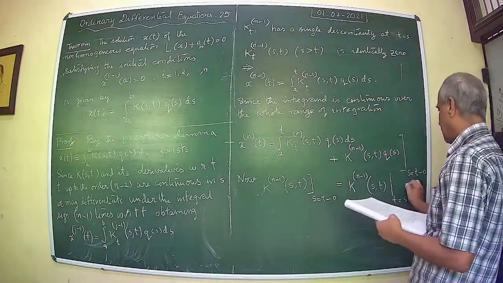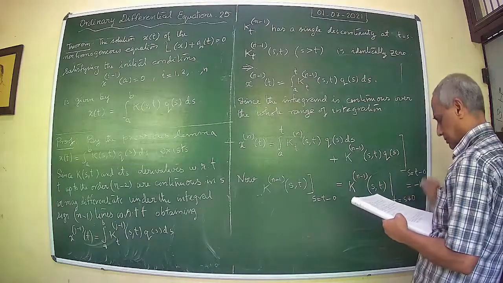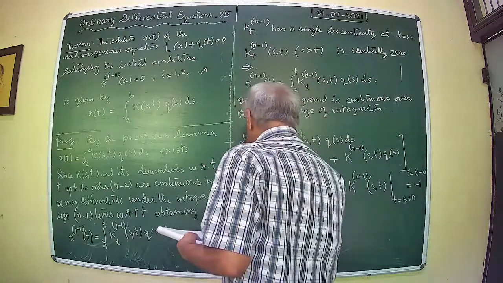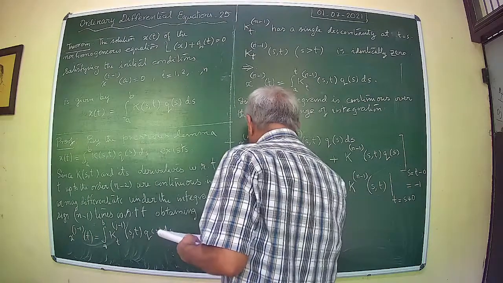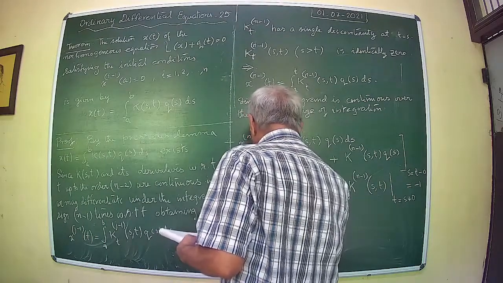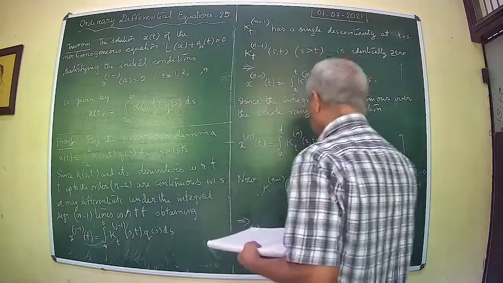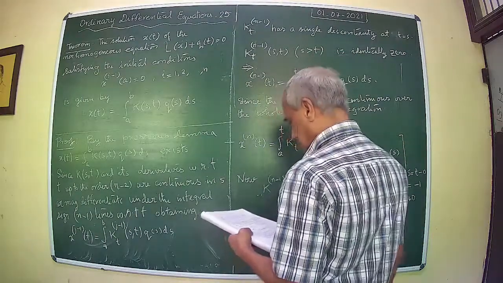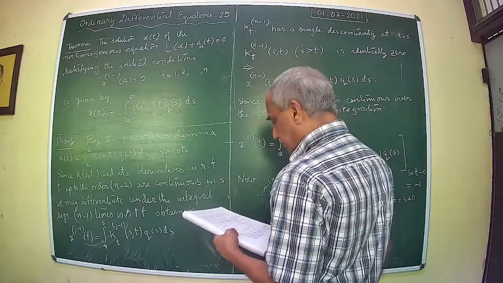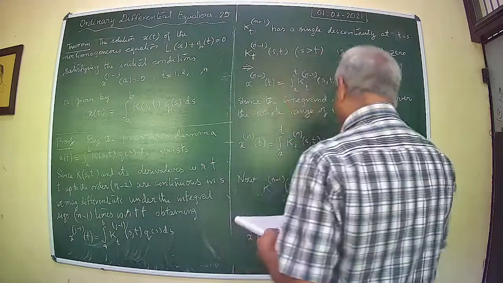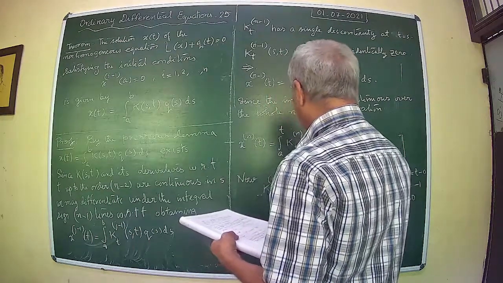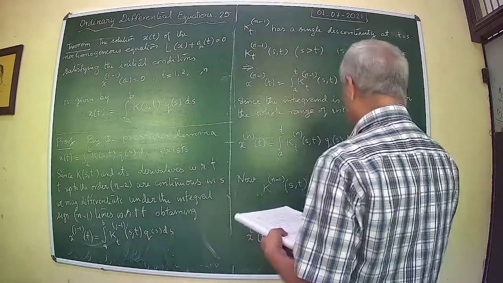And that you know is equal to minus 1. Therefore, you also have this identically 0 outside that, so you can make it from a to t and t to b, and that is going to be identically 0.